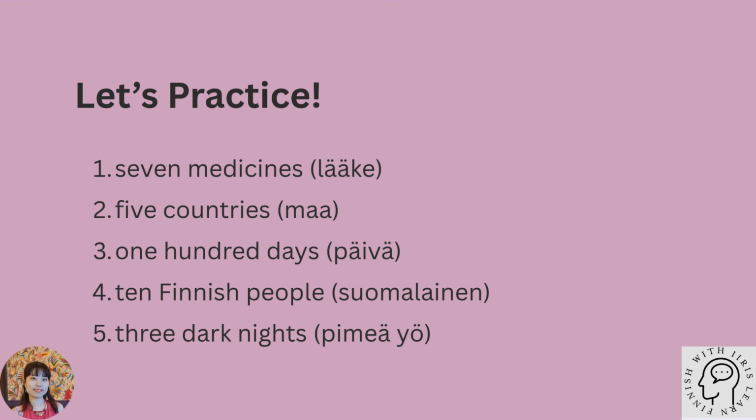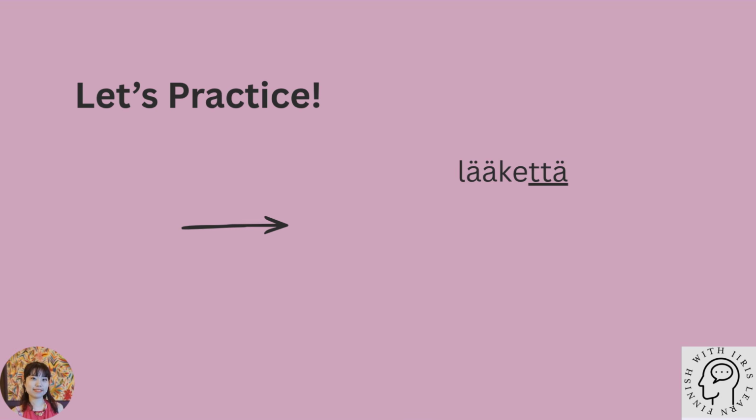Now, let's practice. Try to put the words in the correct form by yourself. The words in brackets are the basic forms. I will give you a moment to think. Now, let's check the answers together.